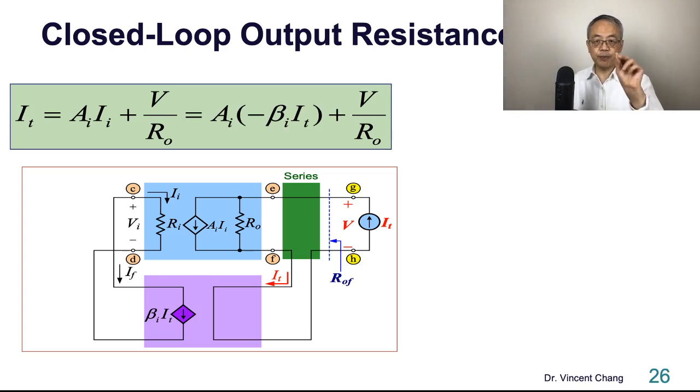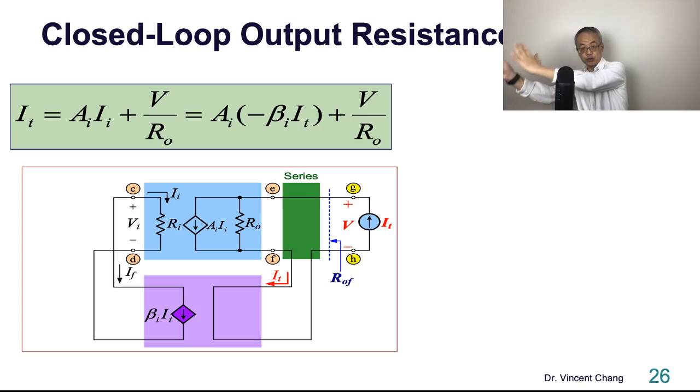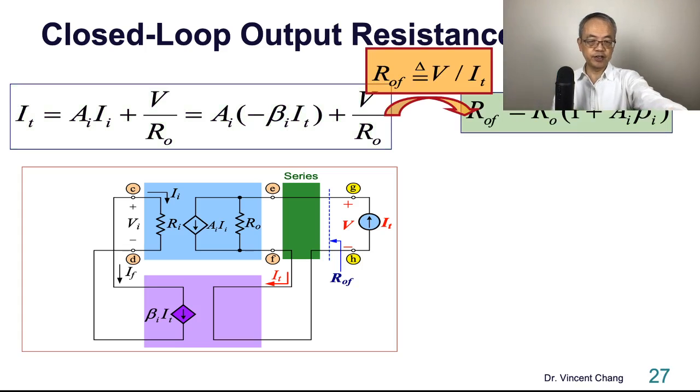So how to replace the II? II, look at the left-hand side. II equals what? Equals negative beta I times IT. You don't have to replace IT, just go to the left-hand side. And then here's the answer. Very easy.